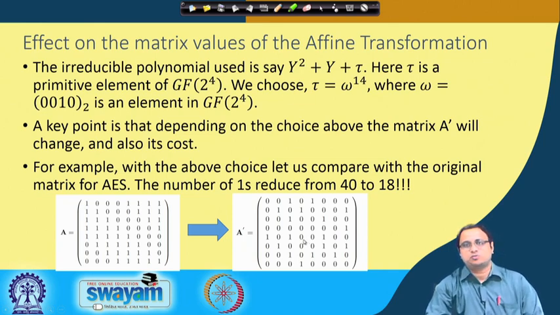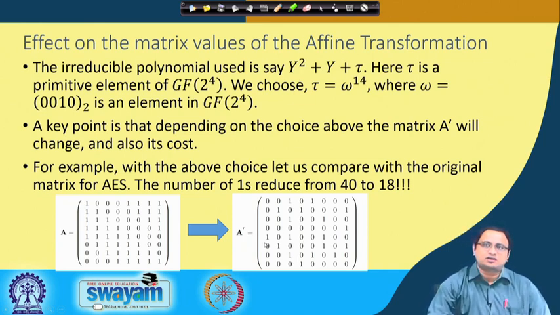So, this naturally gives a nice mechanism of how you can reduce the cost of your implementations. You can try to play around with different choices, and try to see where you get exactly the minimal number of ones, for example, in A dash. It could be an interesting exercise in itself.